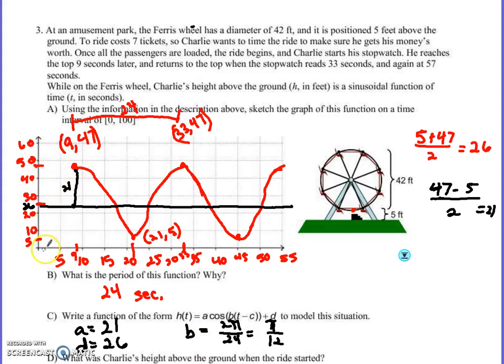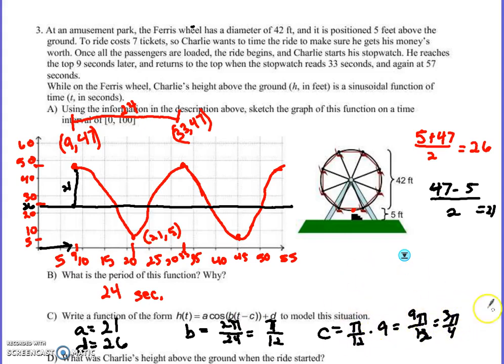Well, we shifted over 9 units. So this one had a phase shift of 9. So C is B times the phase shift. So that'd be pi over 12 times 9, which would be 9 pi over 12, which reduces by dividing by 3. Looks like 3 pi over 4.